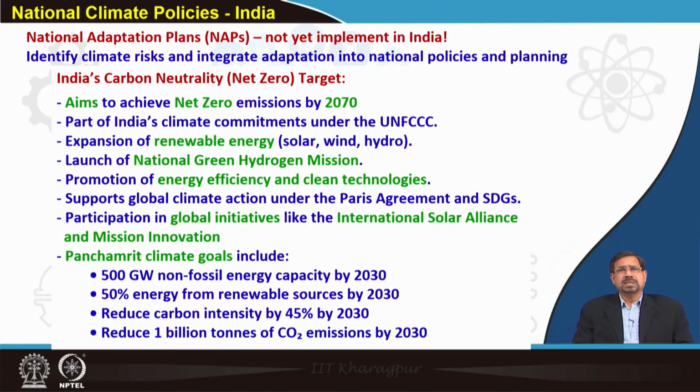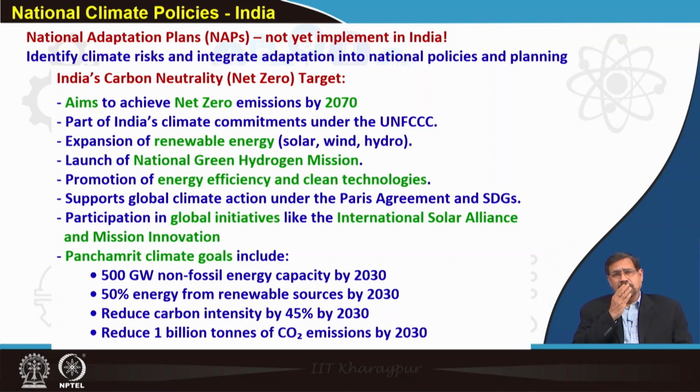In terms of national climate policies, we have the NAP, the National Adaptation Plan. It is not yet implemented in India. It identifies climate risks and integrates adaptation into national policies and planning. Next is India's carbon neutrality, the net zero target.